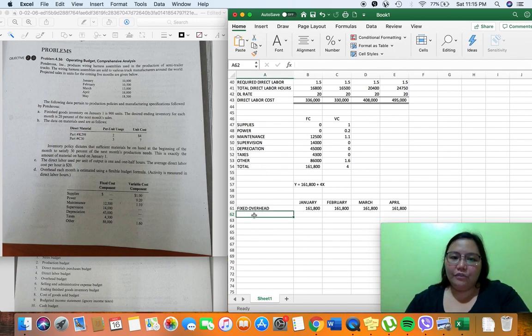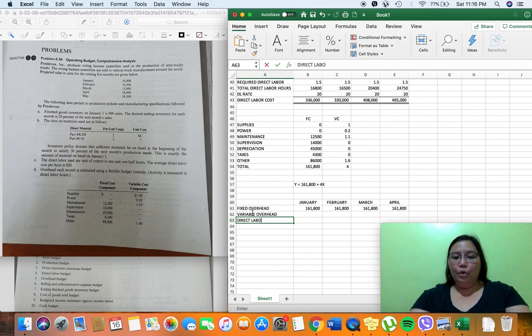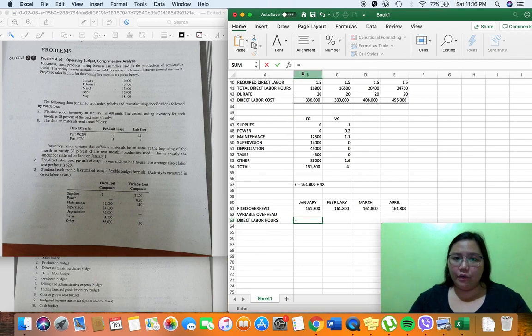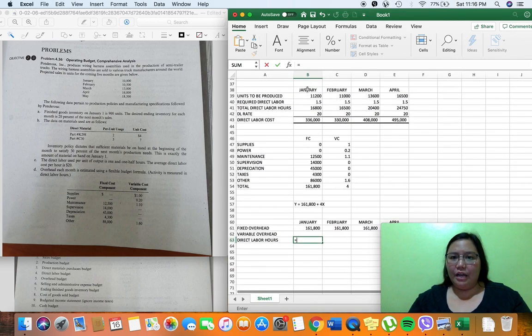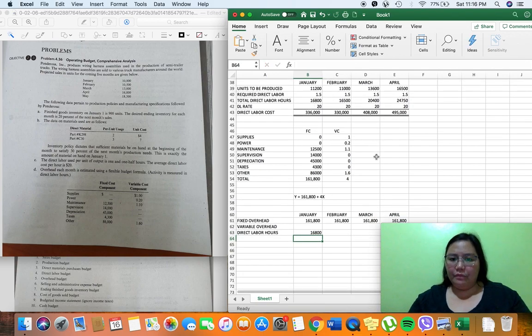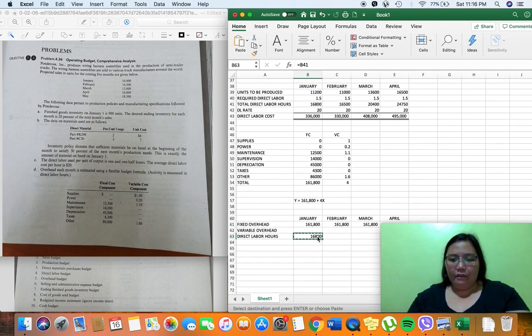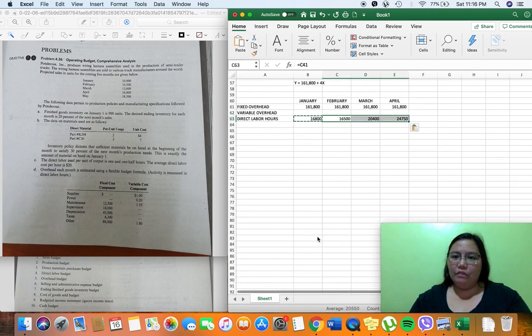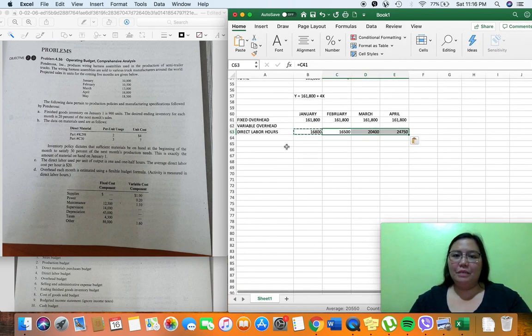Now, as far as the variable overhead is concerned, we have to compute. Since the activity driver for the variable overhead is the direct labor hours, we have to refer to our direct labor budget. For the direct labor hours, we have January at 16,800, and February, March, and April at 16,500, 20,400, and 24,700 respectively.